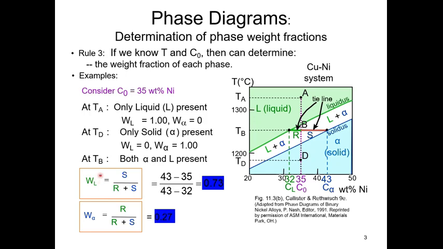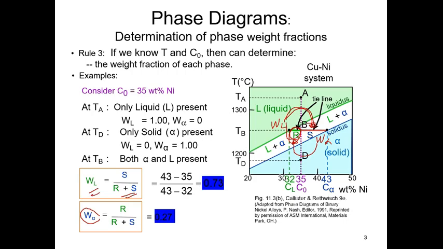First, to find the weight of L. Here is L. So the weight of L, starting from the liquidus line, if there is a lot of L at this point, you must take the opposite value, which is S. So S over R plus S, the distance between these. Because you want to find WL, WL is actually S divided by R and S. W alpha will be the opposite, which is R over R plus S. Do not take R for WL. It is not allowed, you must take the opposite one. Simple.